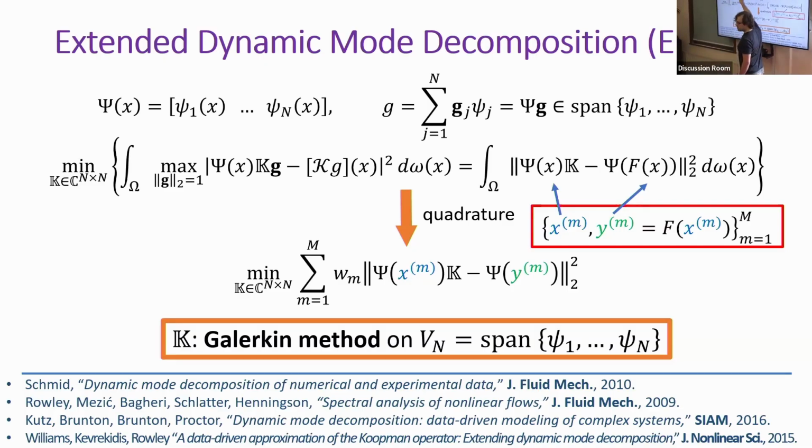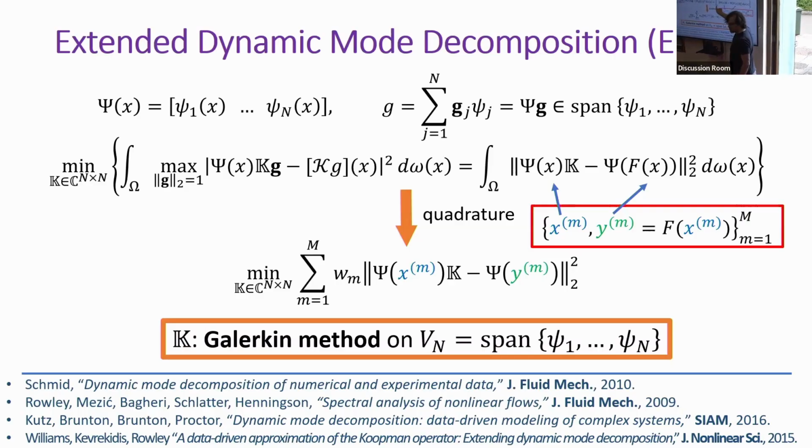So a matrix whose columns are functions times this vector of coefficients. And what I want is for my Koopman approximation matrix on this coefficient space to be a good approximation of the true Koopman operator. So EDMD takes this least squares problem, the minimum of the squared residual over your coefficients, which you can rewrite like this.